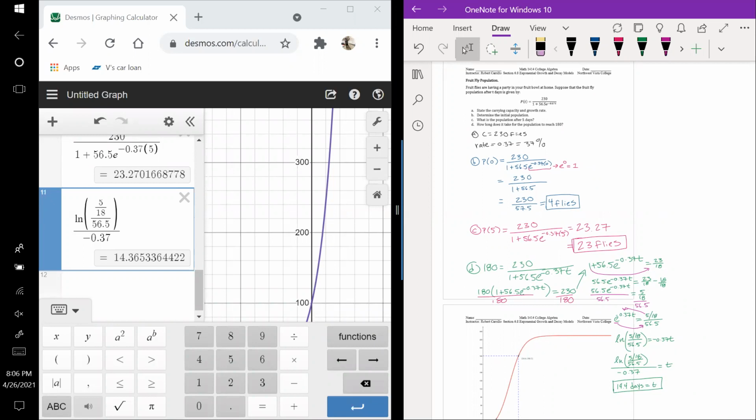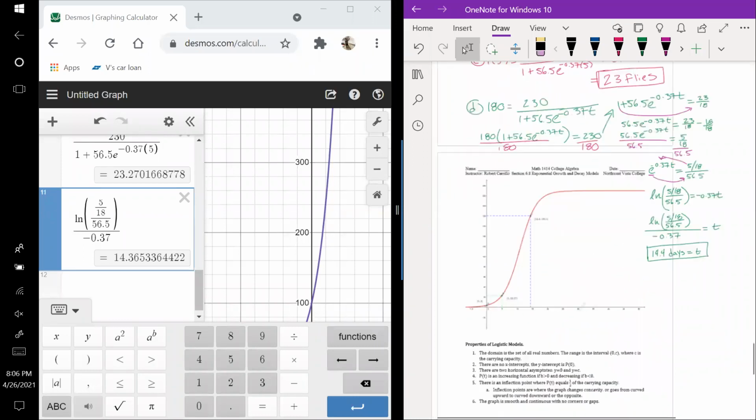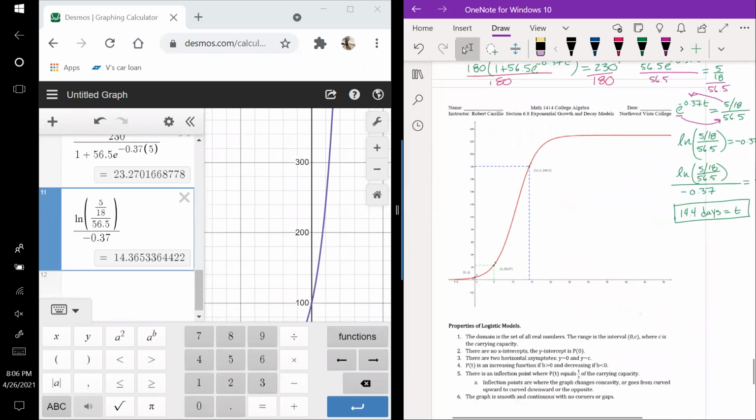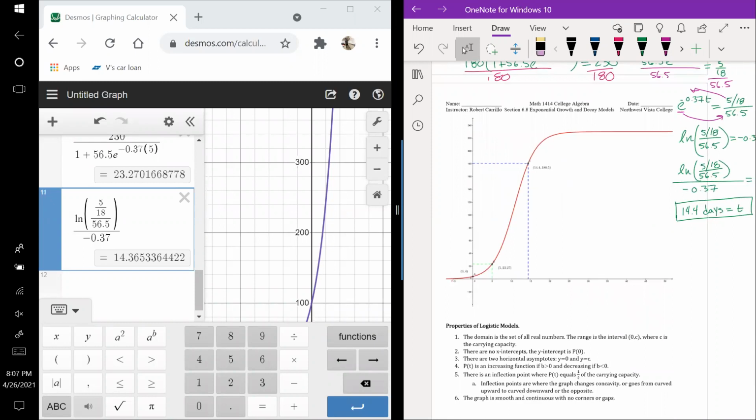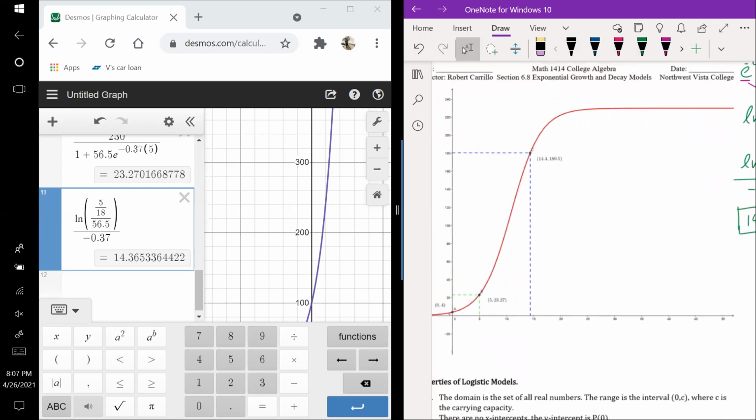So that is our logistic model and a graph that represents the equation. We see we start out at 4 fruit flies. Then after 5 days, we're at 23 fruit flies.